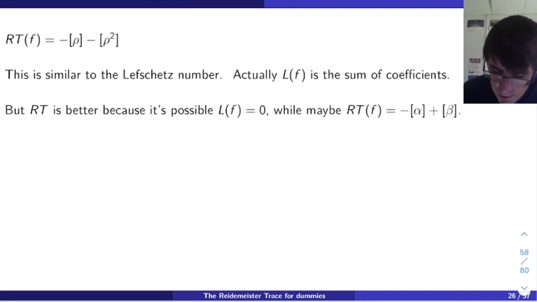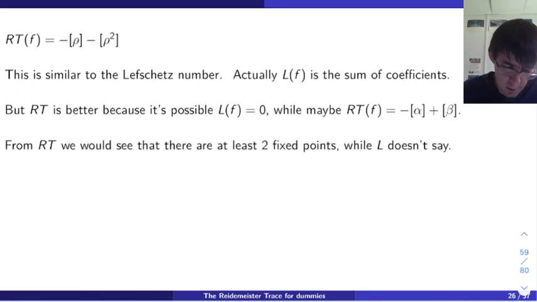When you see the Reidemeister trace is this, you know for sure there have to be at least 2 different fixed points. One with the Reidemeister class of alpha and one with beta, and those two can never be combined. All right, so the Reidemeister trace can give you more information than the Lefschetz number can give you, which is why it's better. All right.